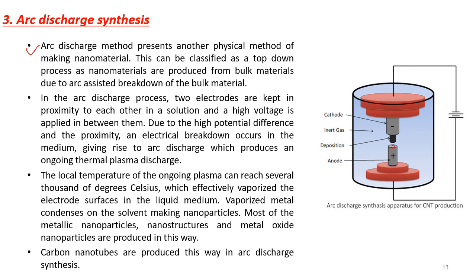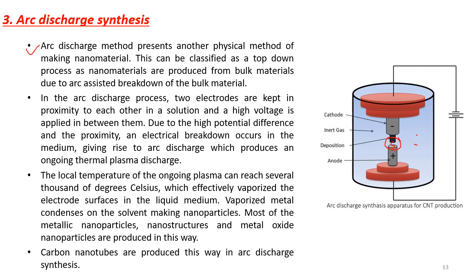When this arc is developed, a localized temperature of thousands of degrees Celsius is created, and it effectively vaporizes the target material. This vaporized material gets condensed into the solvent and makes the nanoparticles.